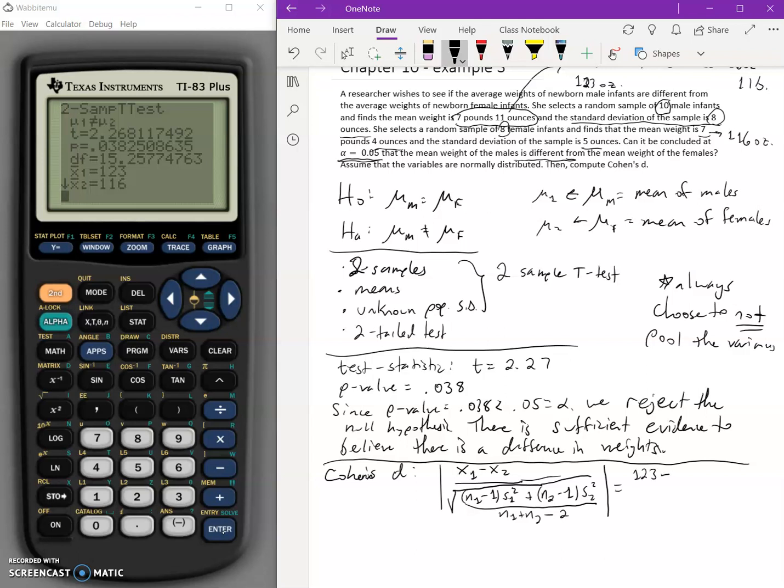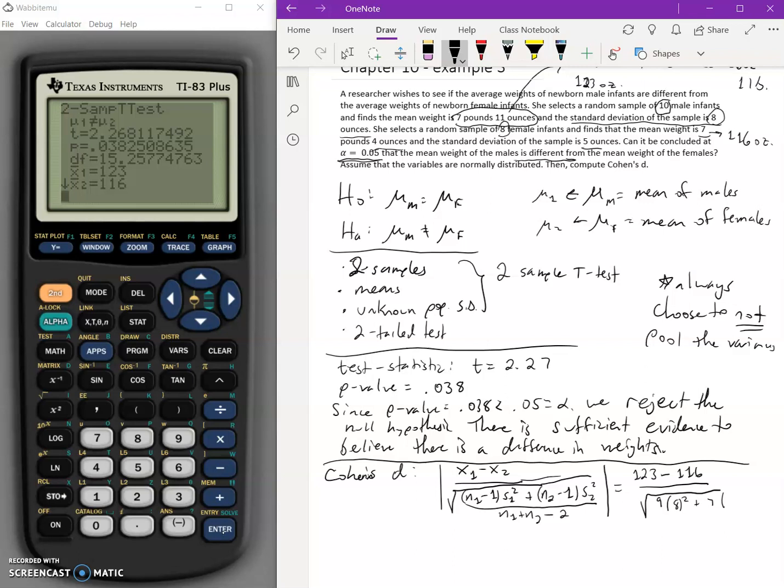So we have 123 minus 116 divided by the square root. We said the n1 was 10, so we subtract 1, so we get 9. Multiply this times the standard deviation, which we said was 8 squared. And then plus, we said the sample size of the second one was 8, so we subtract 1, so we get 7.